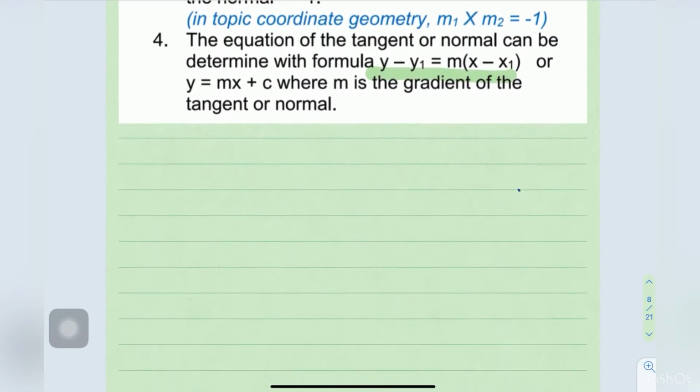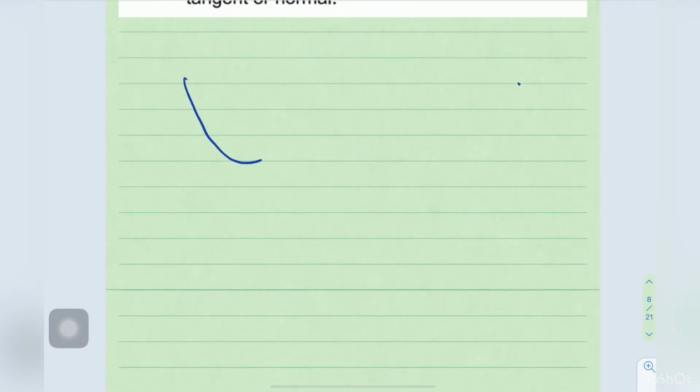Let's say we have a curve and a tangent. The tangent is a straight line that touches the curve at one point.